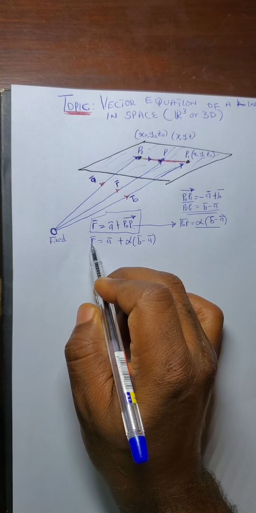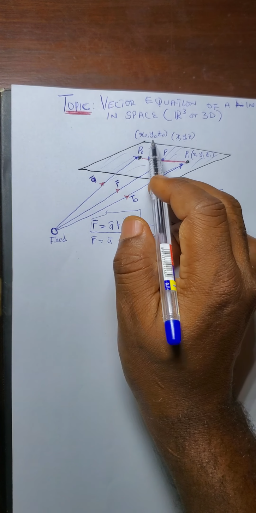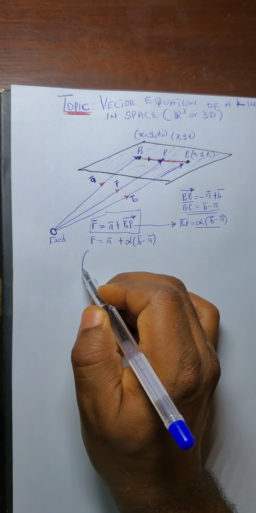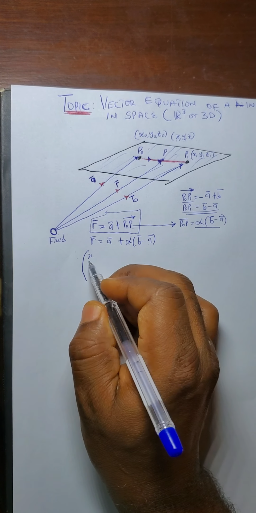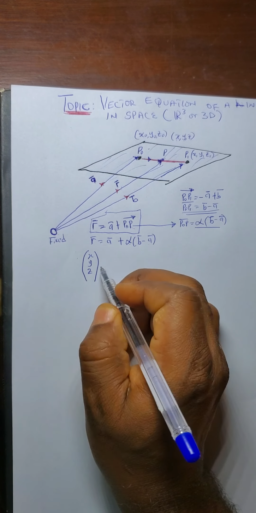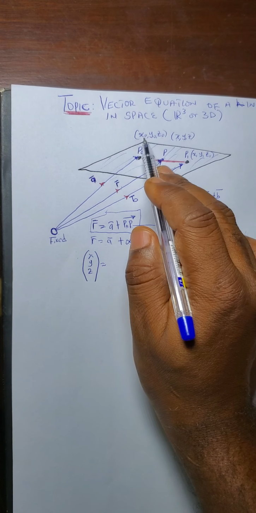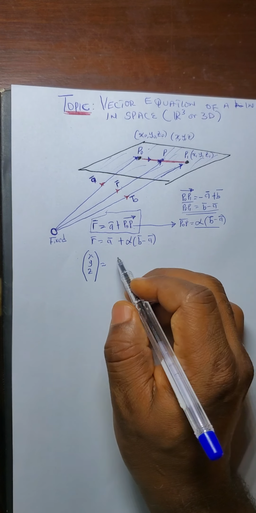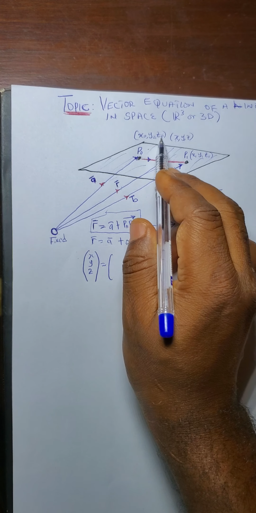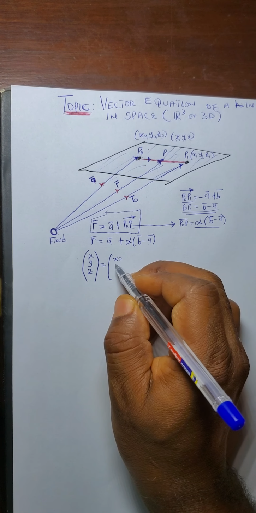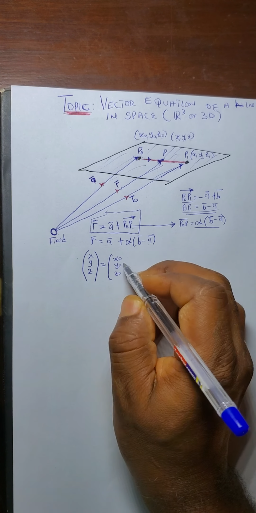The component of this vector R is given as X, Y, Z. So I'll write it as a column vector, X, Y, Z. Then it is equal to the component of vector A in column vector form, which is X naught, Y naught, Z naught for this A. So I put this there, X naught, Y naught, and Z naught.